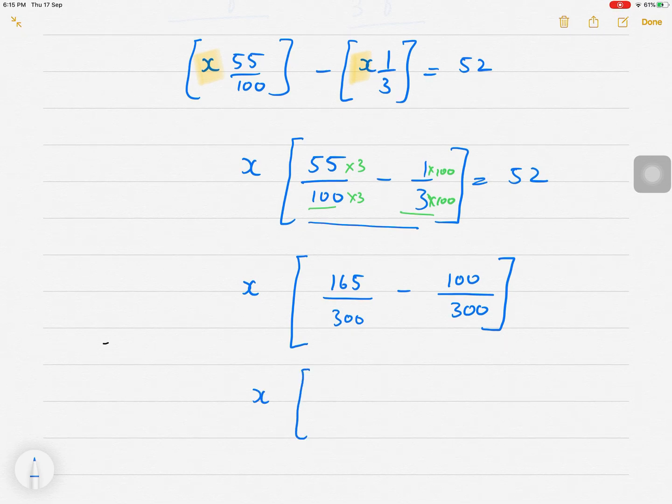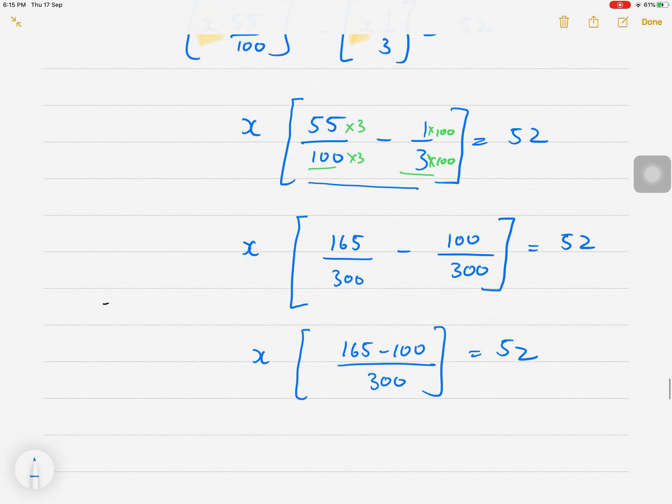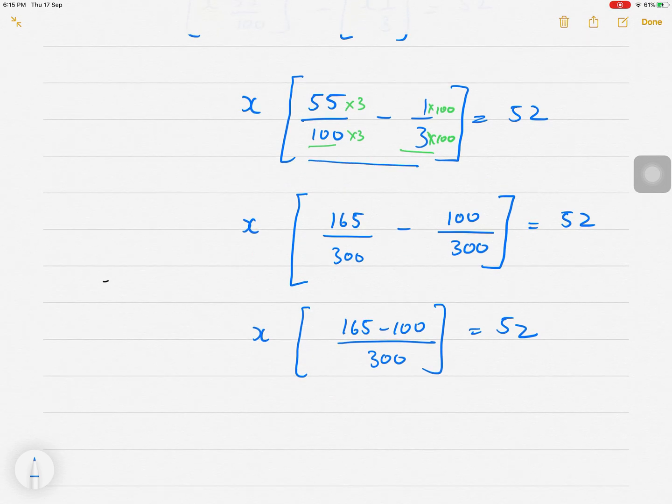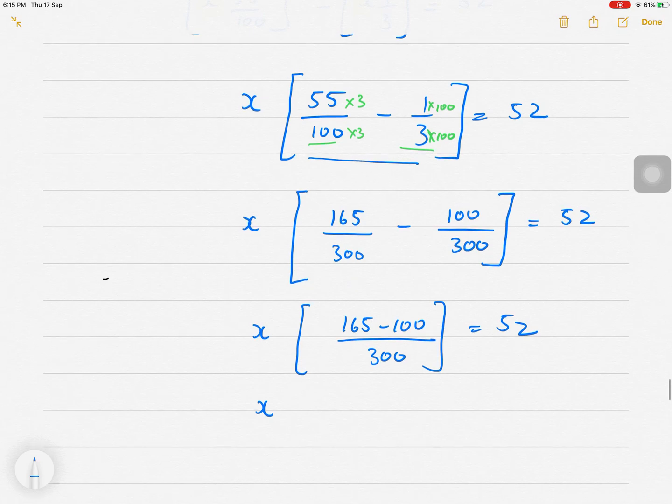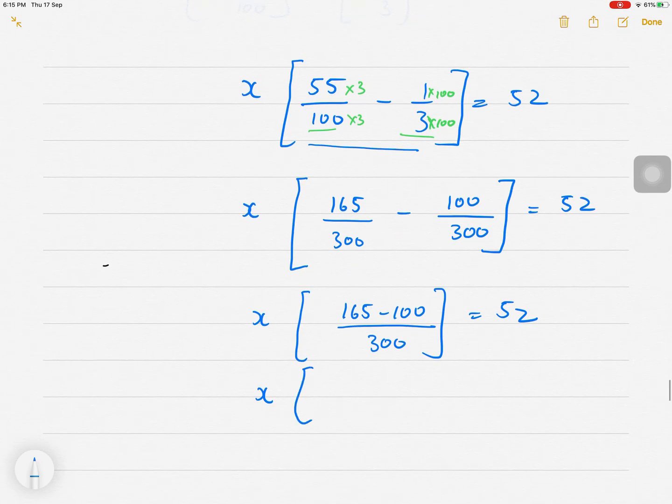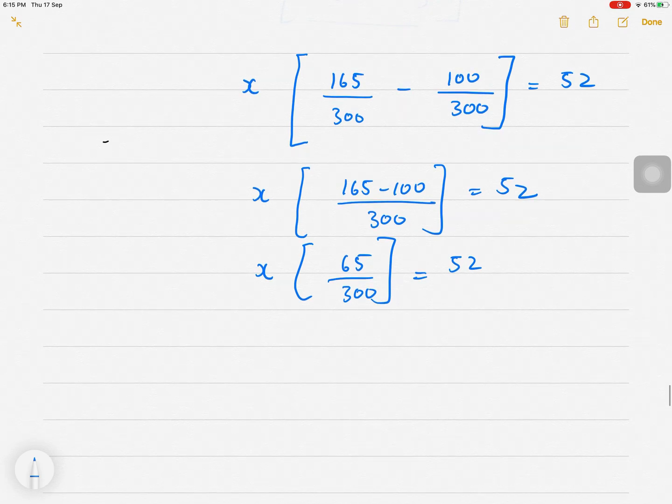So x into 165 minus 100 divided by 300. Next step would be x into 65 upon 300 is equal to 52.